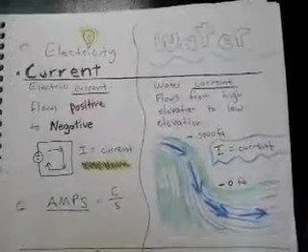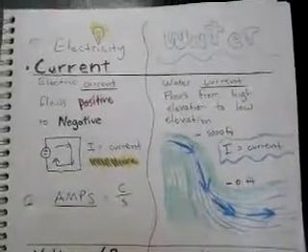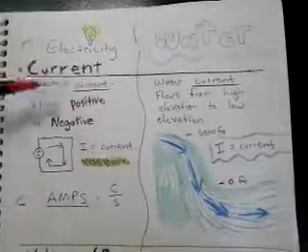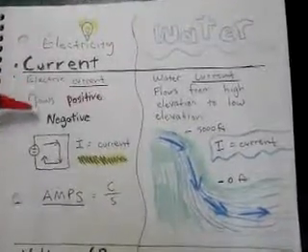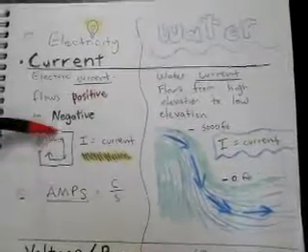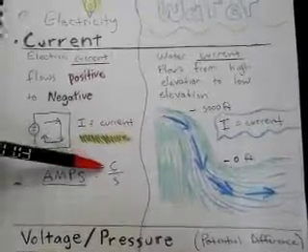The easiest way to explain what's going on conceptually with electricity would be to compare it with water. Electricity and water both have current. Electric current flows from positive to negative, right? In our little diagram, positive, negative, current flows this way. It is measured in amps, which is just coulombs per second.